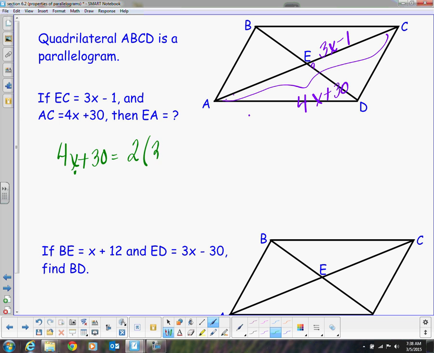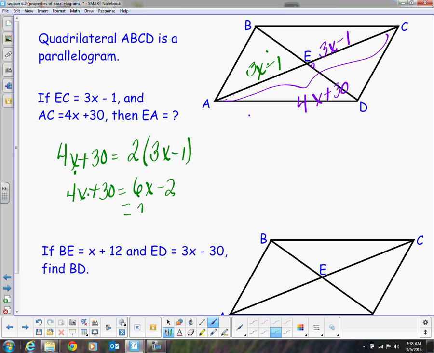Now, why did you do 2 times? Because if AE is congruent to EC, and EC is 3x minus 1, then AE is 3x minus 1 also. So this is going to be 4x plus 30. We're going to distribute and get 6x minus 2. Then what do we do?